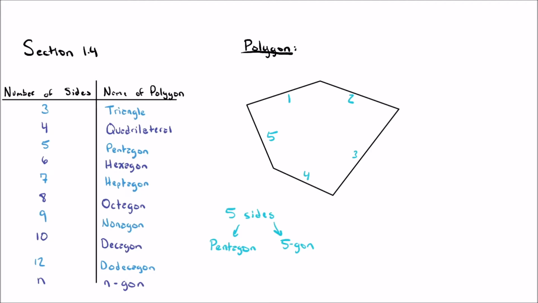Now, you might be working with multiple polygons at one time, so it would be nice to label them. So we can label this one A, B, C, D, and E. And conventionally, you label clockwise around the polygon. This side right here that I'm going to highlight in green would be side BC.